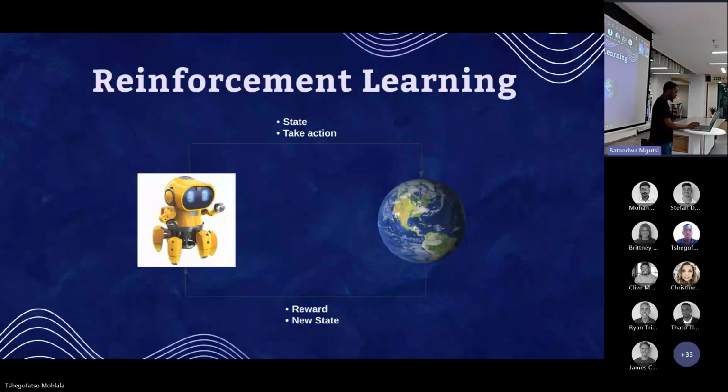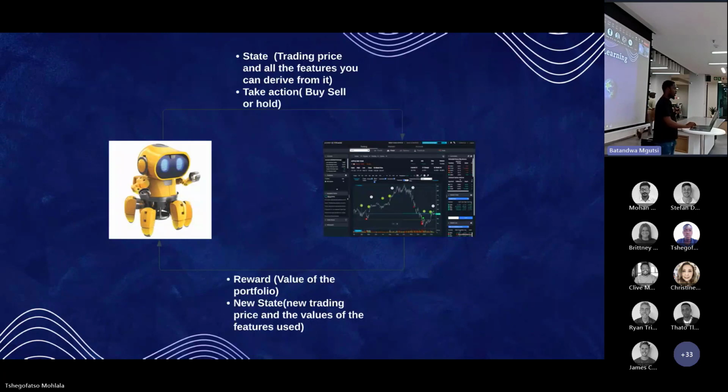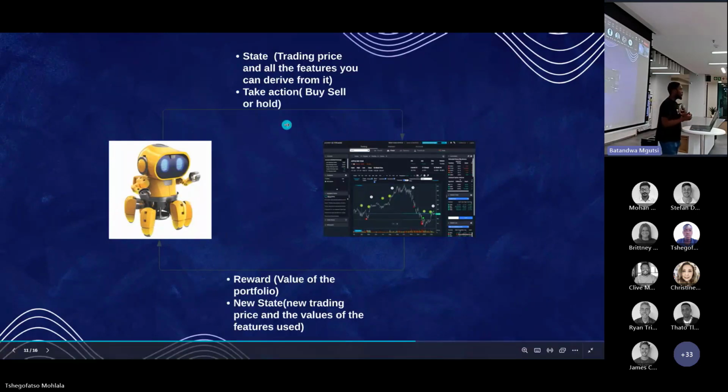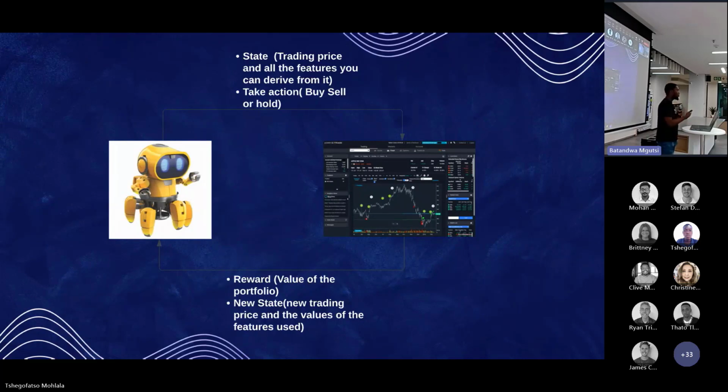Now applying this to our stock trading problem, our state might be the trading price and all the indicators that we've seen before. And you can also derive some new features from them because you are using AI. You can always try to find out which combination of features can be more useful.